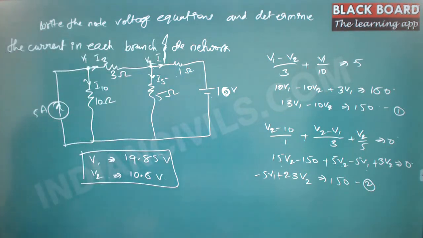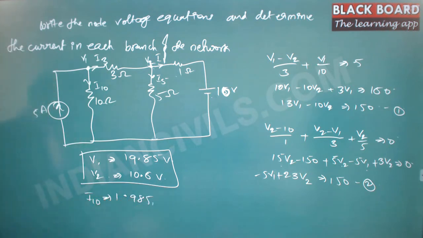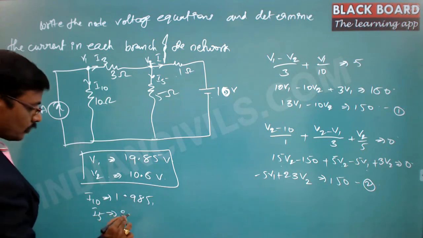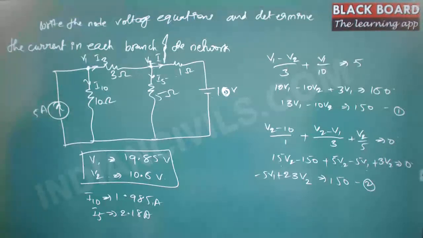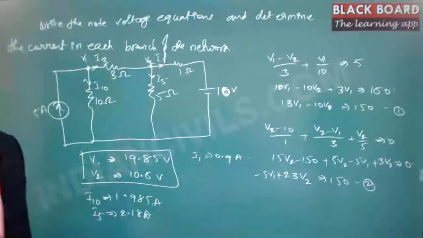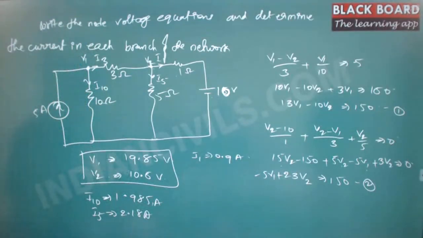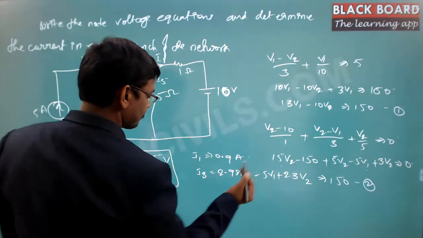I10 is equal to 1.985, I5 is 2.18, I1 is 0.9, I3 is 2.98. Okay.